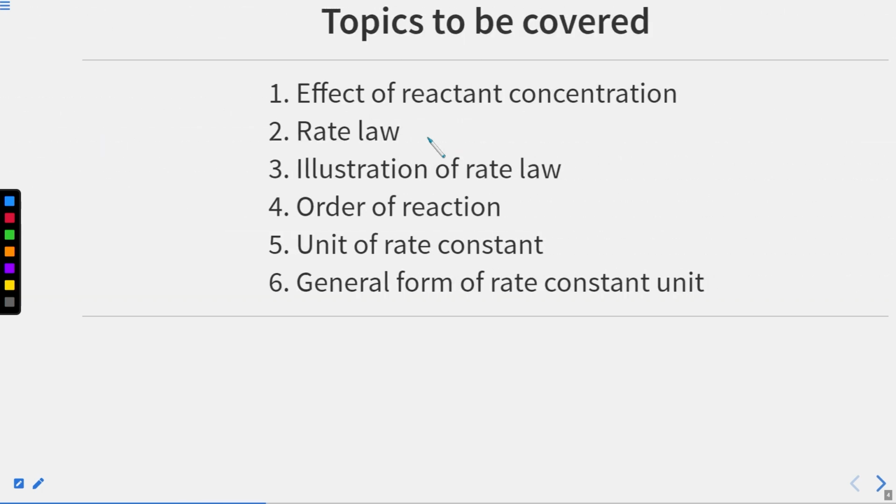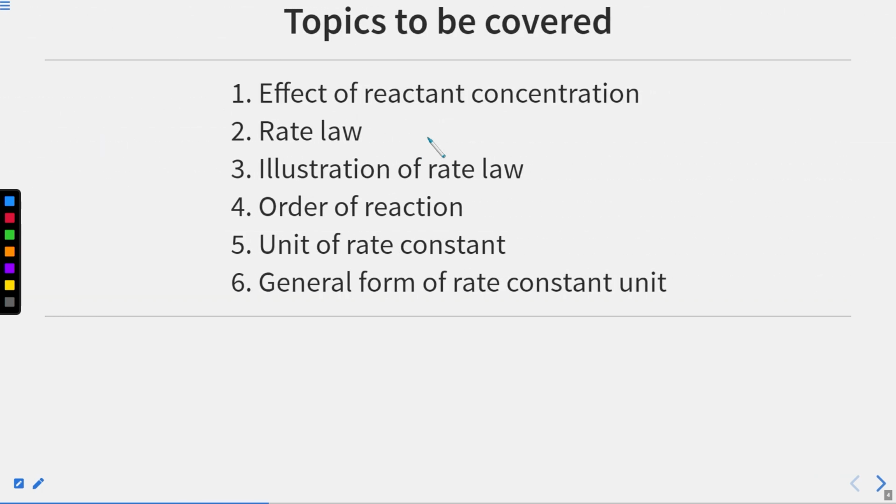Okay, so the topics to be covered today: first of all, the effect of reactant concentration. Basically, the rate law is associated with reactant concentration. So we study the rate law, and then we'll see an illustration of how we can apply it on a reaction so that we can get our rate law.